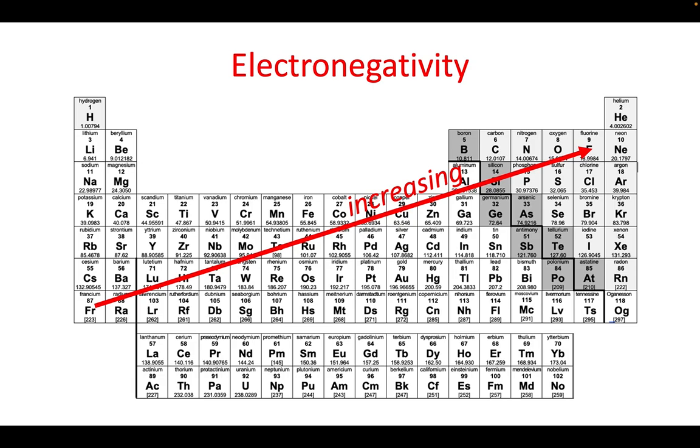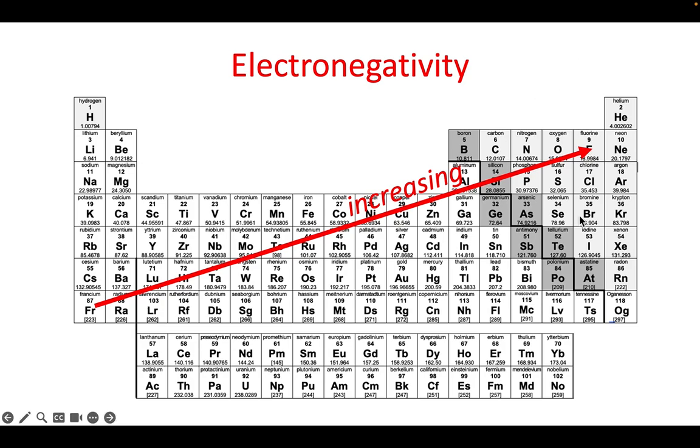And francium is the least electronegative down here in the lower left-hand corner. And electronegativity, or the love of electrons, increases as you go up the periodic table and as you go to the right. And you get all the way up here to fluorine, and it's the most electronegative.